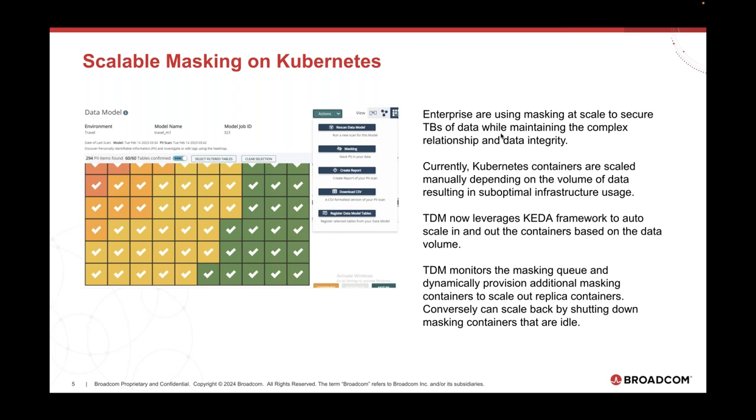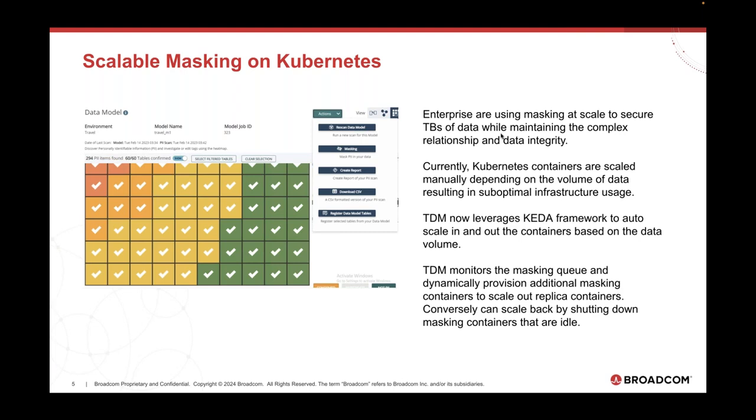Secondly, when you have to mask large amounts of data, there is admin overhead in terms of the configuration. So our next iteration of the scalable masking tries to address these two challenges.